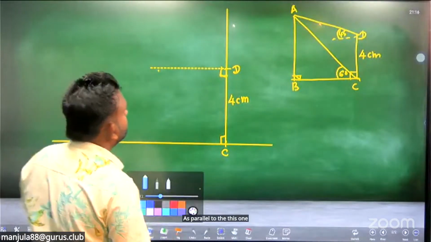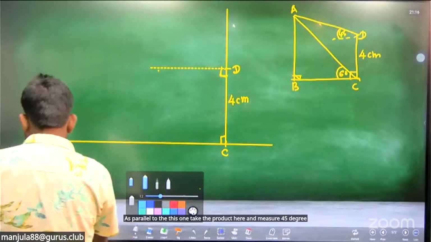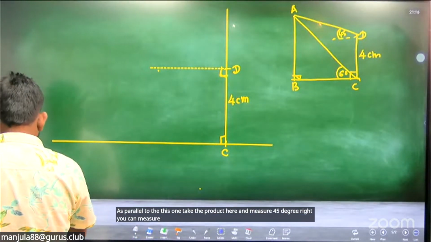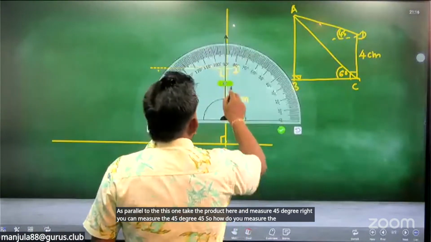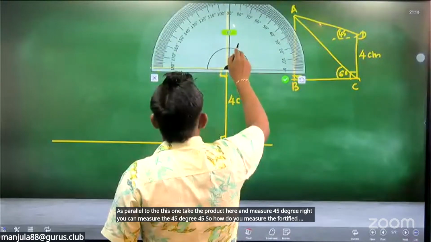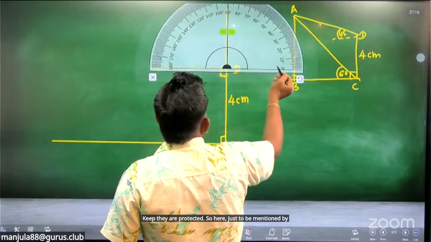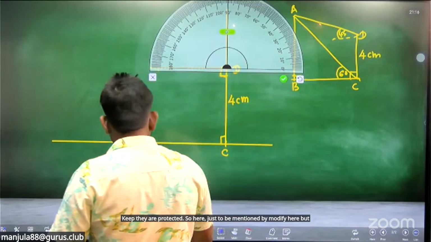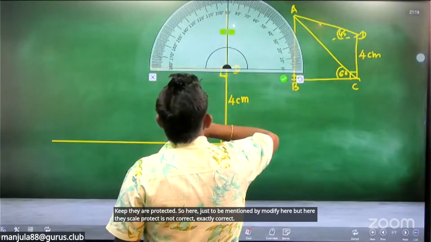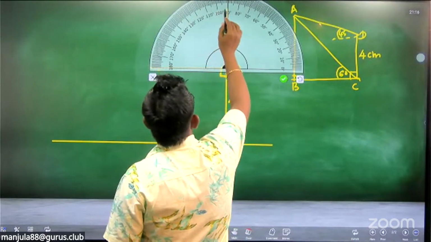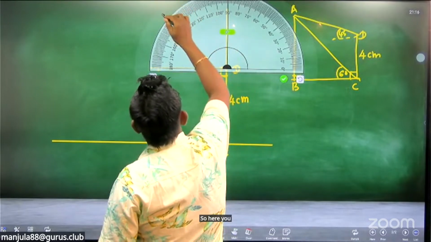Then take the protractor here and measure 45 degrees. How do you measure the 45 degrees? Keep the protractor; here the protractor scale is not exactly correct, so you mention 45 degrees, imagine it.